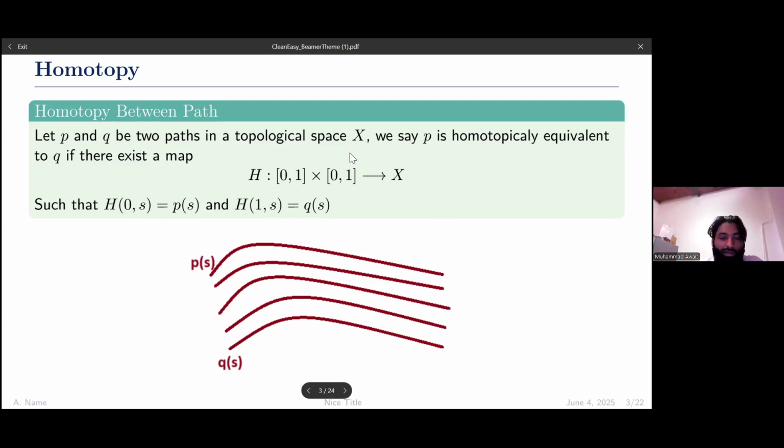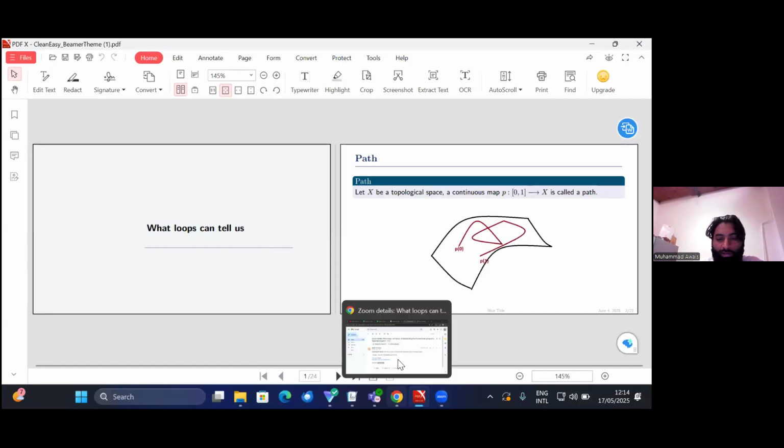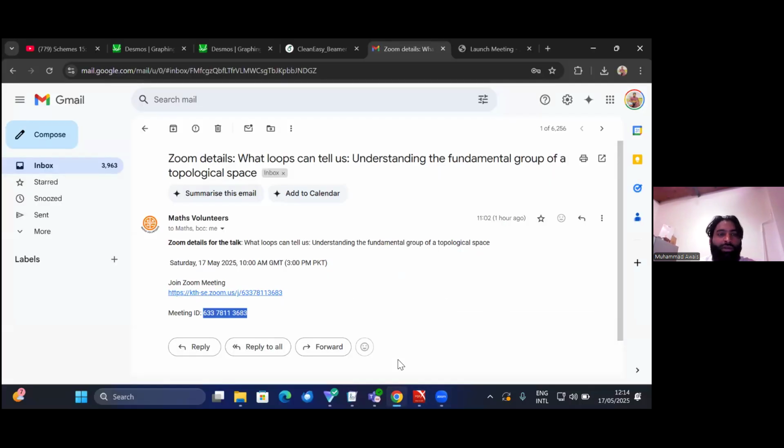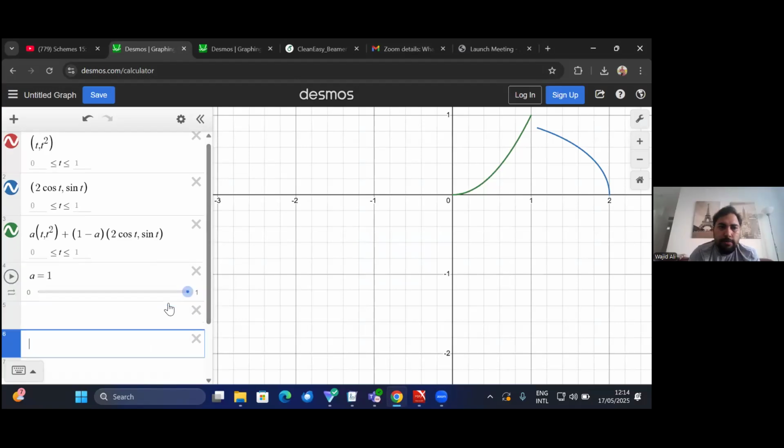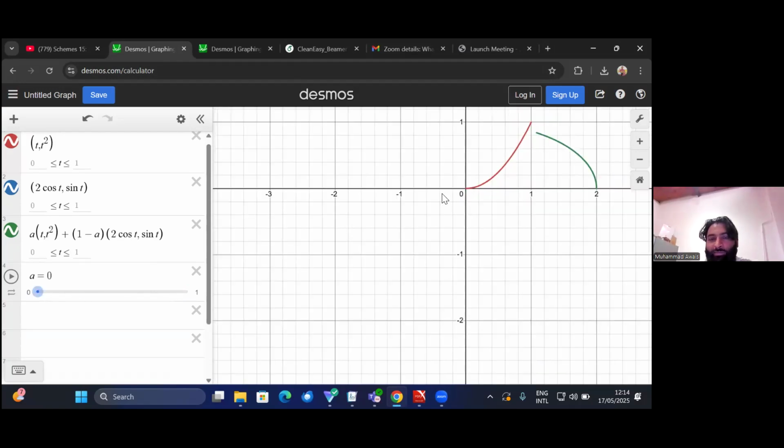this final path. I want to show this thing, I made some graph just to give the idea. You can see my Chrome. Yes. Okay, so you see I have two paths here. My space is R2, and this is a red path, and there is another, a green path. Now I define a homotopy here.